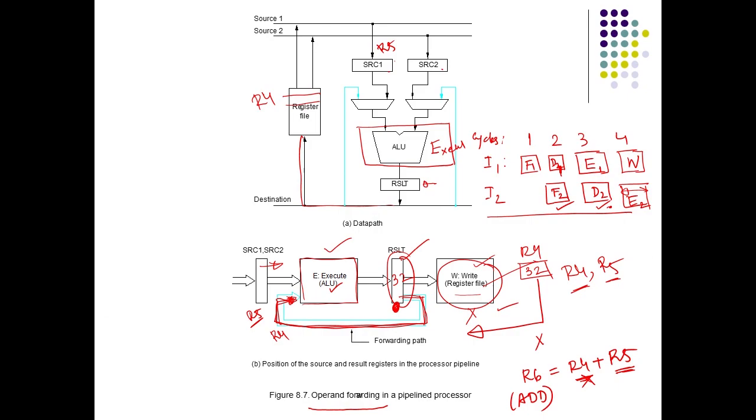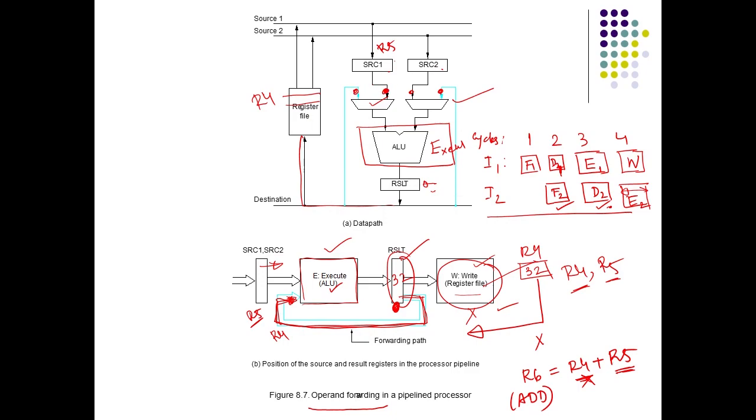Results will not be taken from the register file, but just after the ALU, from this result register. Therefore, you have a 2 to 1 mux. It can take the results from this line or from this line. Similarly, it can take results from either this line or this line.